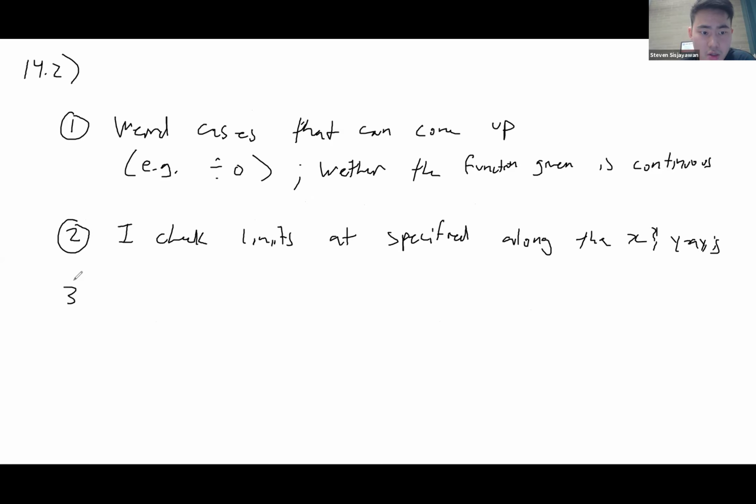The third thing I usually check is different lines. This represents other paths you can take to the origin, or the specified point of the limit. I'm going to specify that as y is equal to mx, because this signifies all the different lines with a certain slope.